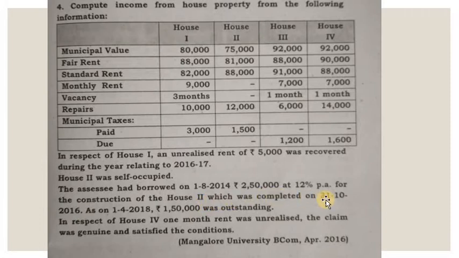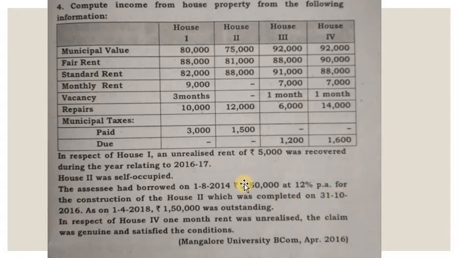Construction was completed on 31st October 2016. So what do we have to take? We have to take from the date of borrowing to the date of repayment. Complete repayment did not happen, so the date of completion of the house. While referring to the date of completion of construction, we have to take the previous year's 31st March, so 31st March 2016.